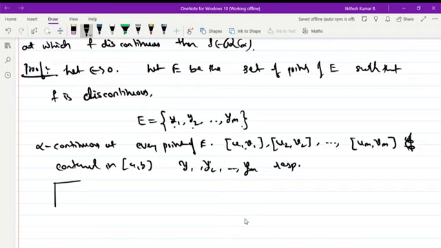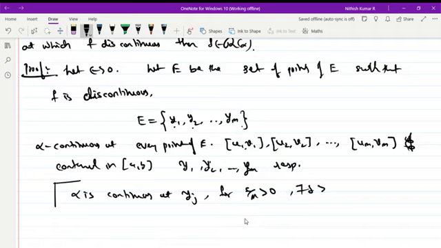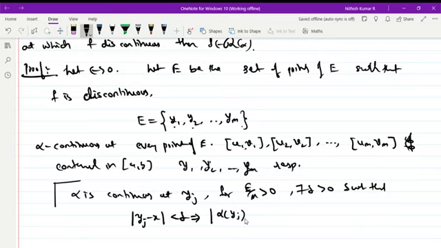Since alpha is continuous at yj, for epsilon by m greater than 0, there exists delta greater than 0 such that, with yj between 1 and m, modulus of yj minus x less than delta implies modulus of alpha of yj minus alpha of x is less than epsilon by m.